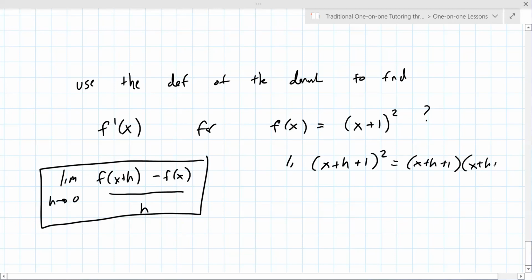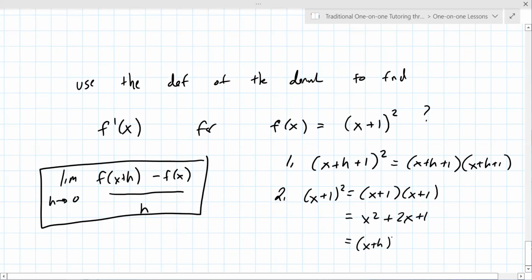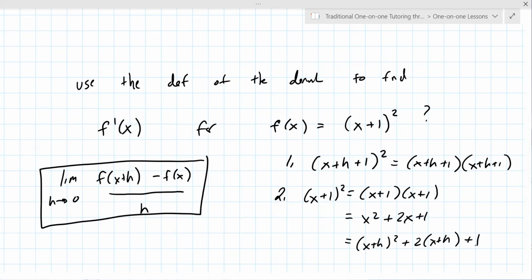Or number two is to first FOIL (x plus 1) squared, so x plus 1 times x plus 1, and then put in x plus h for x. They both give you the same result, but this is one you ought to try on your own. See what you come up with.